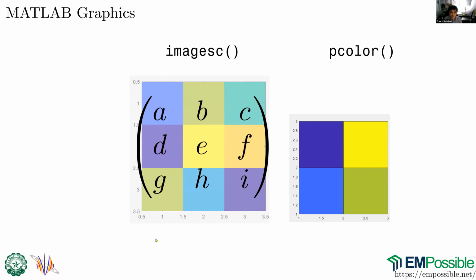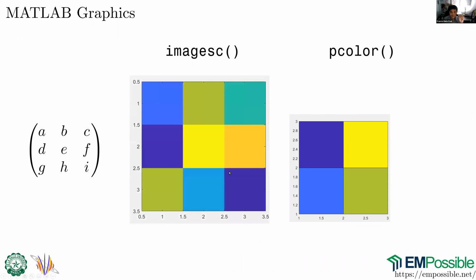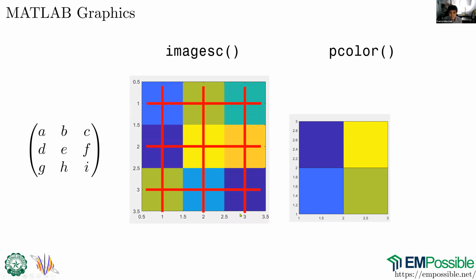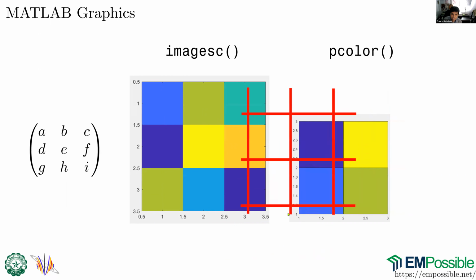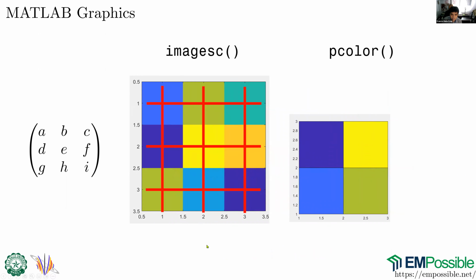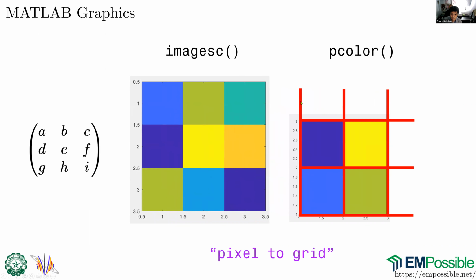That's how you fill the values of the squares in the image SC. How about in pcolor? In pcolor, these cells will be turned into grid lines. So 1, 2, 3. Again, this is 1, this is 2, this is 3. And then in pcolor, it will become pixel to grid. 1, 2, 3, 1, 2, 3.